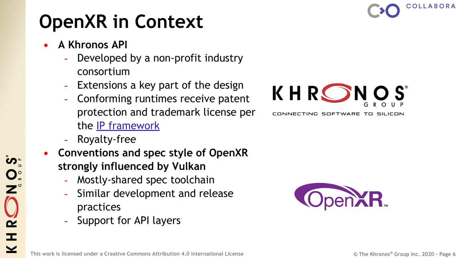Khronos is a nonprofit industry consortium that brings together the major players in technology fields to put together independent open standards. These standards started with OpenGL. They took over for the ARB. The collection of standards has now expanded widely. A commonality between many of the standards is that extensions are a key part of the design.